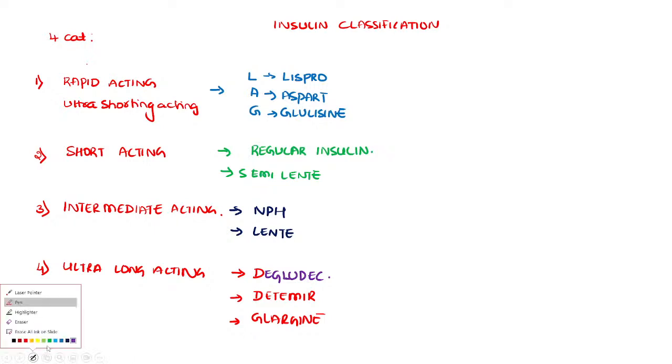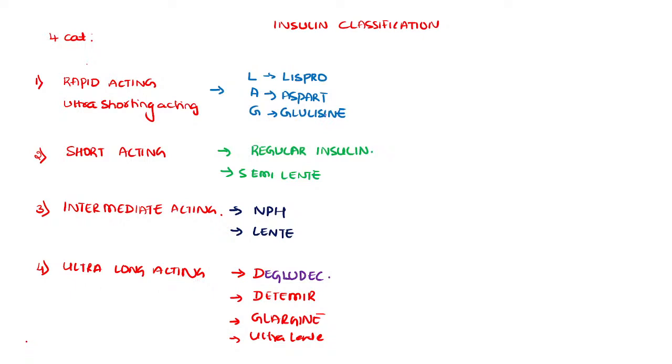And one more preparation you have is the ultra lente. So you have these rapid acting preparations, short acting preparations, intermediate acting preparations, and the ultra long acting preparations.